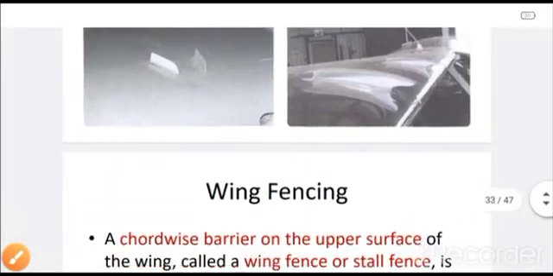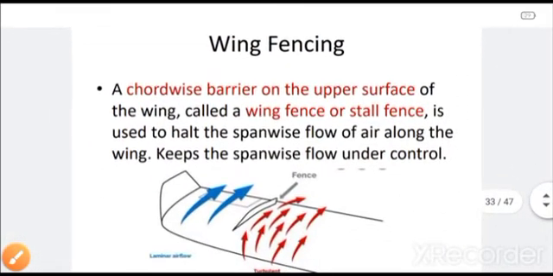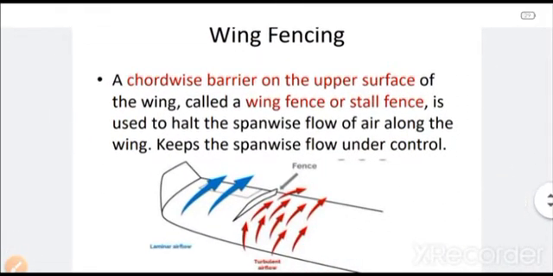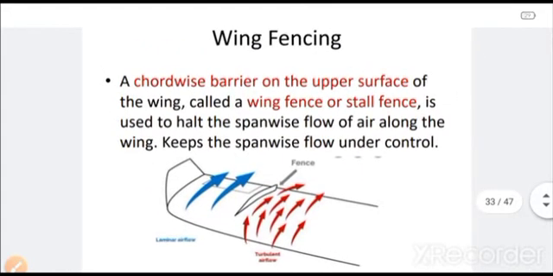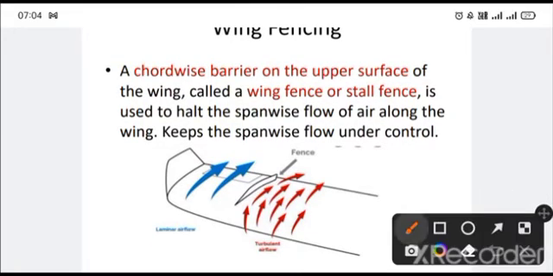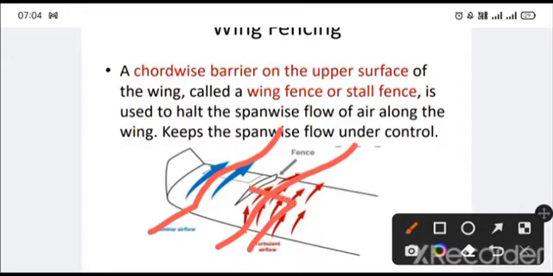Then we have the same type of thing, which is called wing fencing, but this is not a small strip, this is a long strip, and the purpose of wing fencing is not to allow any span-wise flow. Chord-wise flow means the flow should always go from the leading edge to the trailing edge, right? The flow should not go in this way and then turn that way.